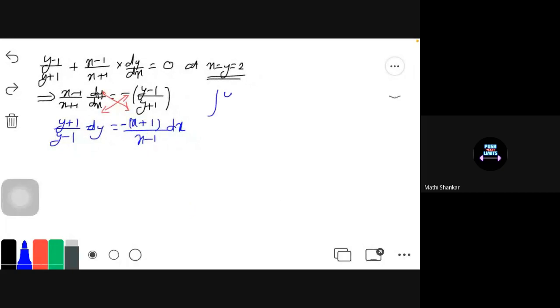So integration of y plus 1 upon y minus 1 dy is equals to minus of integration of x plus 1 upon x minus 1 dx.